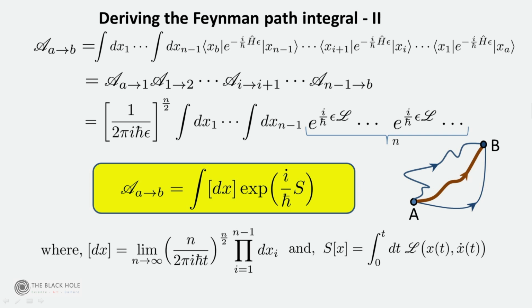I should tell you that what we have over here is something very badly behaved. You see, you have n to the power n over 2, and in the limit that n goes to infinity, you obviously have infinity.